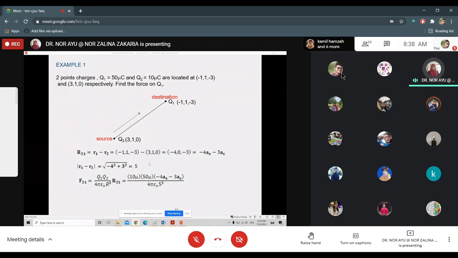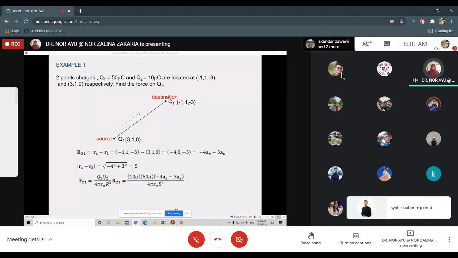Okay, and then another parameter you need to know is the magnitude of the distance vector just now. So you just take the value from here. This one will be negative 4 squared plus negative 3 squared. Again, whatever is negative, when you square and square root, it will disappear. So the answer for this is equal to 5.